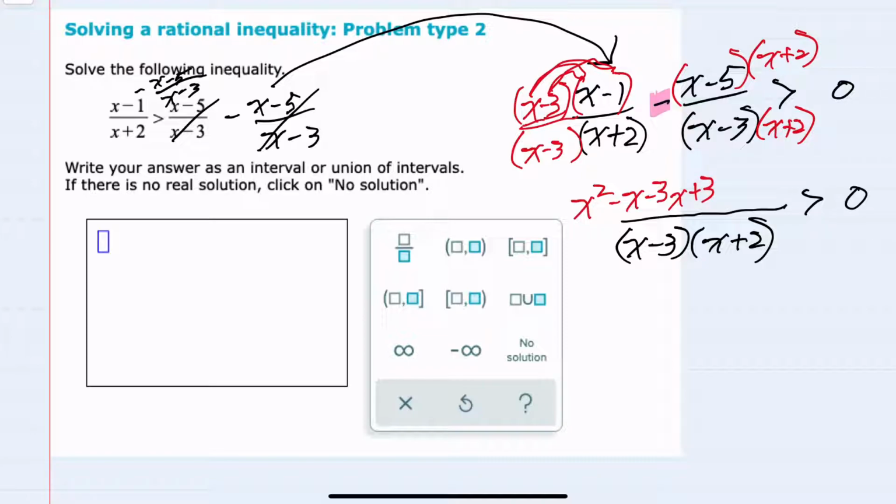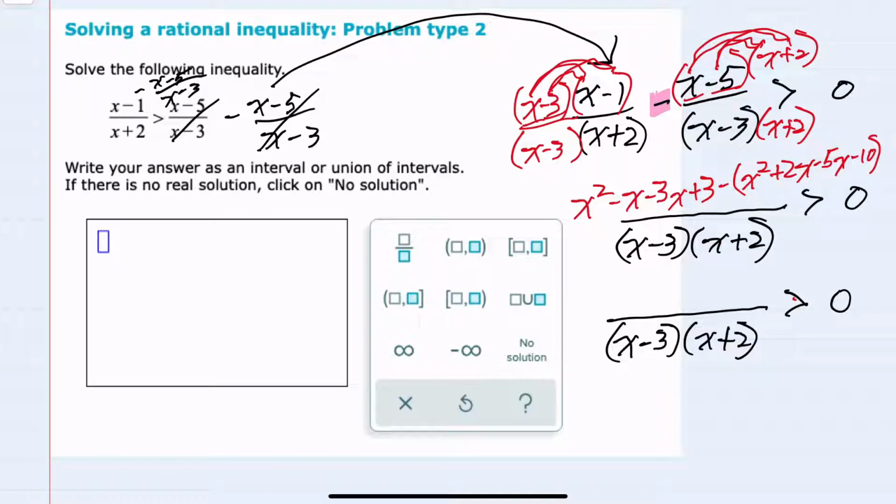I'll be careful with my minus sign here by putting that second part in parentheses. Here I'm also distributing first the x times x is x squared, then x times plus 2 is a 2x, distributing the minus 5 times x is minus 5x, and minus 5 times 2, a minus 10, all inside those parentheses.